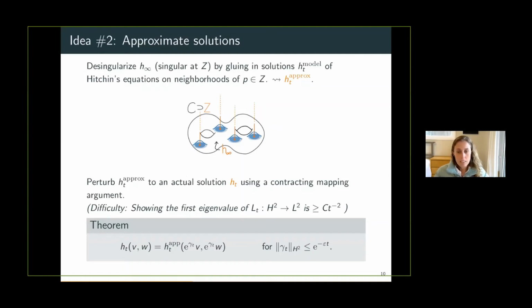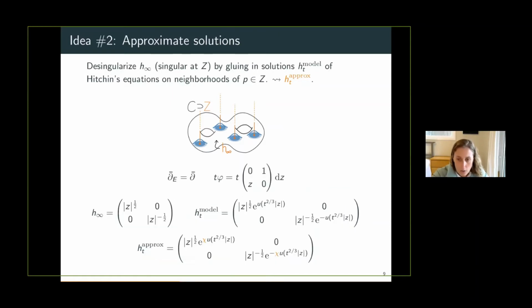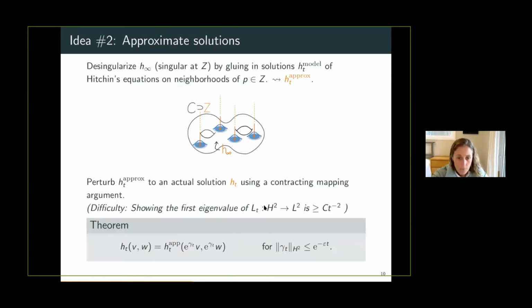This is because that function before u of t appearing here is exponentially decaying, and very quickly. And so this approximate Hermitian metric h_t differs from the true Hermitian metric by exponentially decaying errors as t goes to infinity.